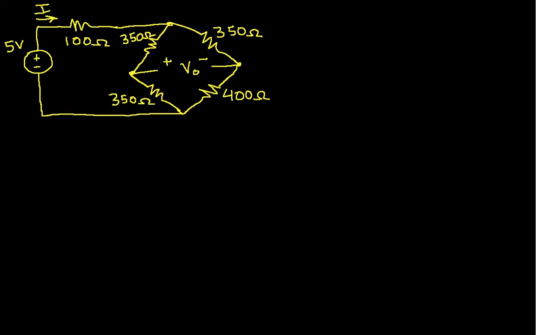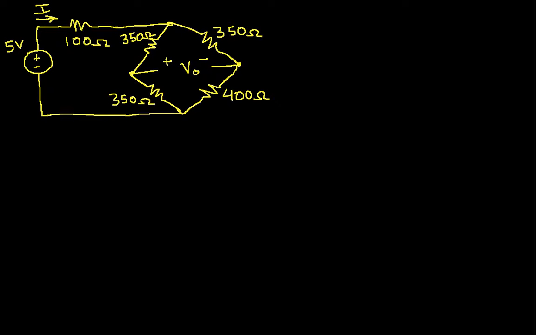Okay, a bridge circuit is like the one that's here on the screen, and it's useful when you are working with sensors, particularly sensors whose resistance is a function of some quantity of interest. So, for example, a strain gauge.